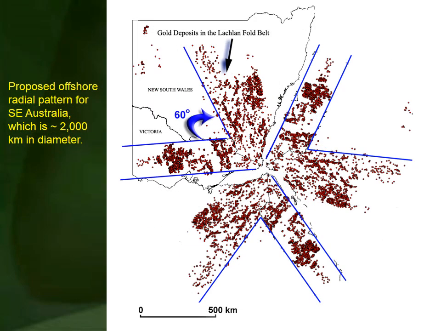Here we are proposing there is a hexagonal pattern from the very southeastern corner of Australia, and not proposing that there are gold deposits out in the Tasman Sea.